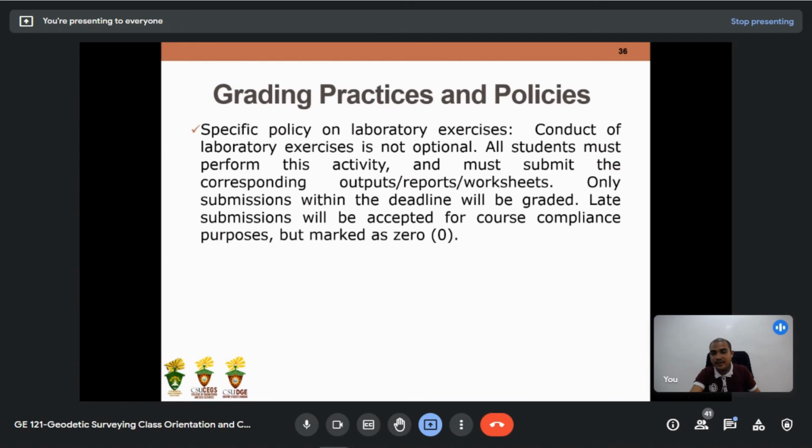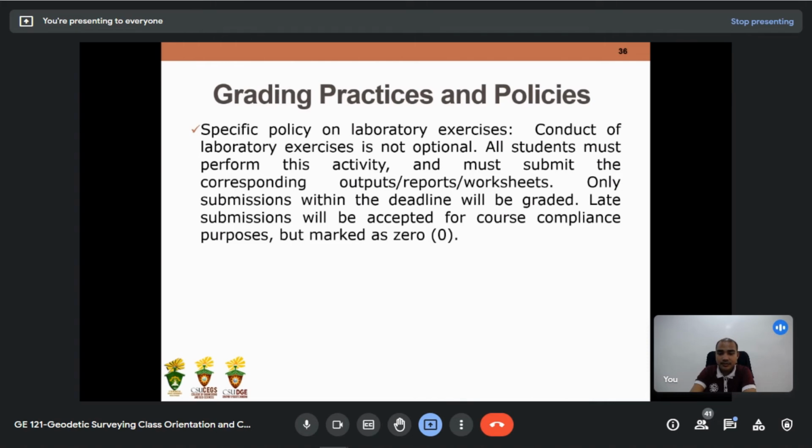Then, specific policy on laboratory exercises. Conducting laboratory exercises is not optional. These are required. Wala tay excuse ani, no? Tanan mo take og laboratory exercises. All students must perform this activity and must submit the corresponding outputs, reports, and worksheets, depende kung unsa gipangayo sa instructor.